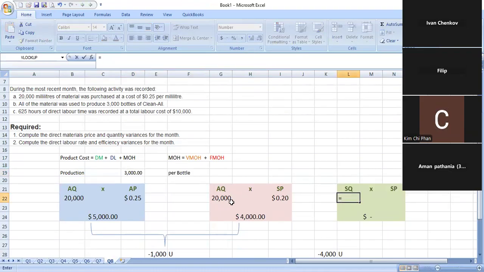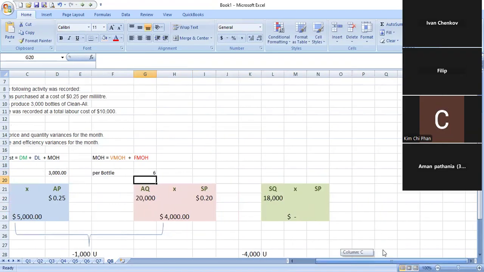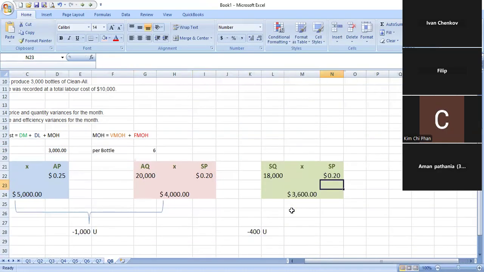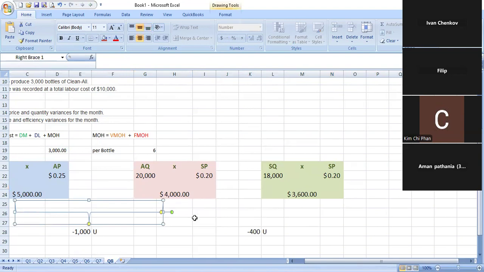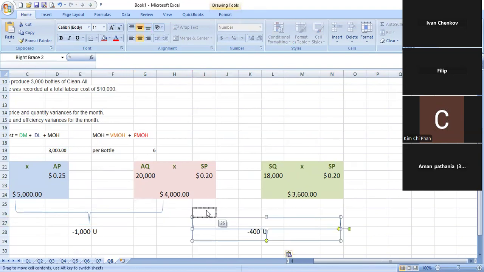So we're going to have here 3,000 bottles times 6, which I'm going to put here in second. That will be 6 per bottle, and that should give us 18,000. Standard price is standard price. That's not going to change. And I have this 3,600, which drives another unfavorable variance. So on the material, I'm completely unfavorable, correct?